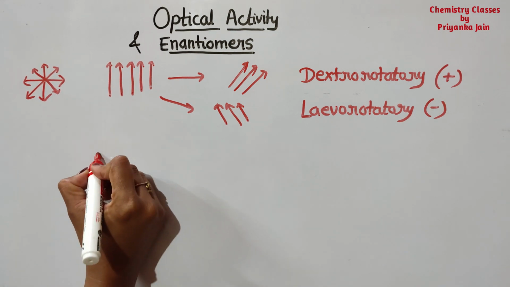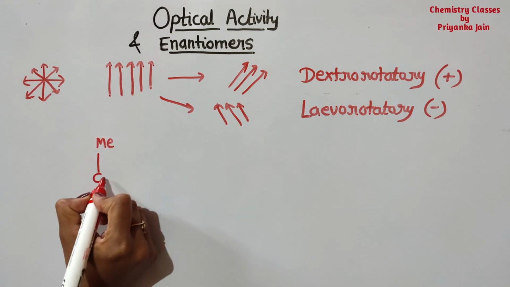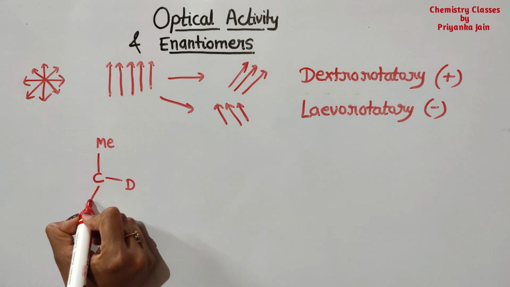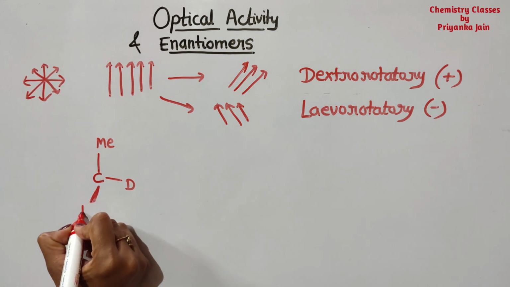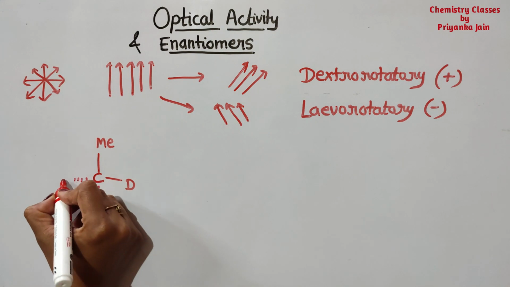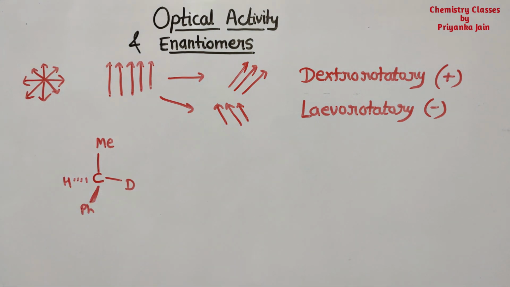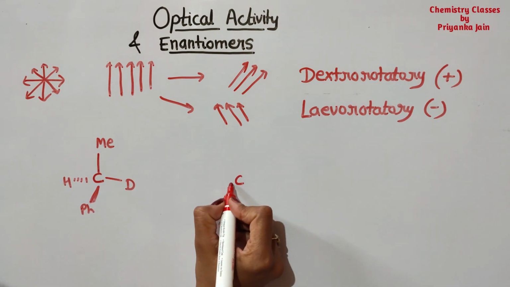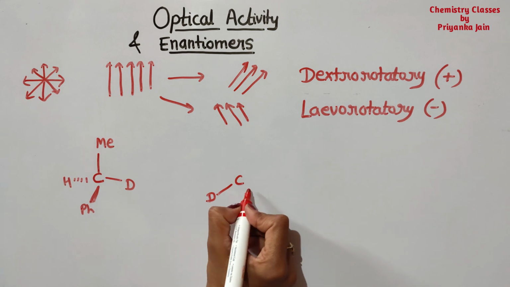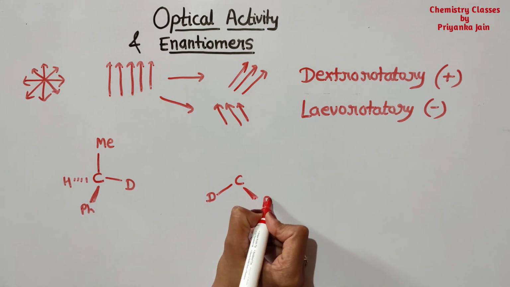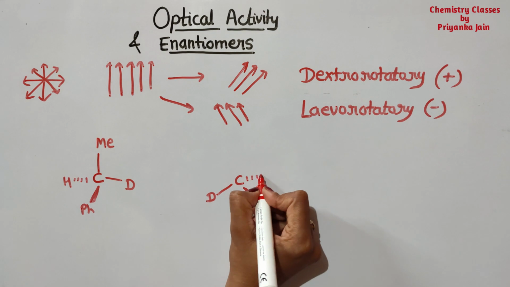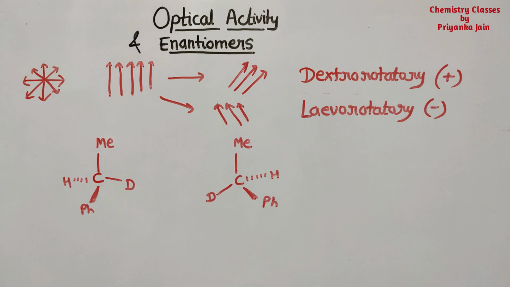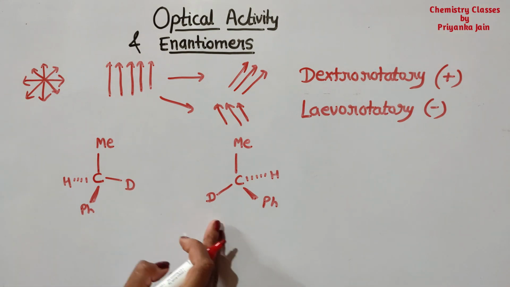Understand this with the help of an example. Suppose this is one molecule. Four different groups are attached here: deuterium, a phenyl group, and hydrogen. This is one isomer. Now see another one. What is the difference between these two molecules?